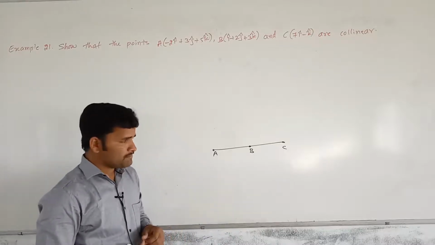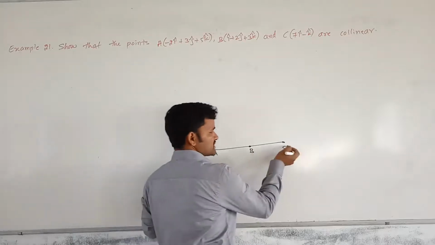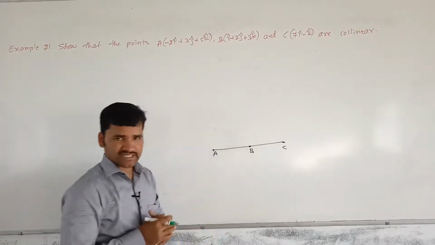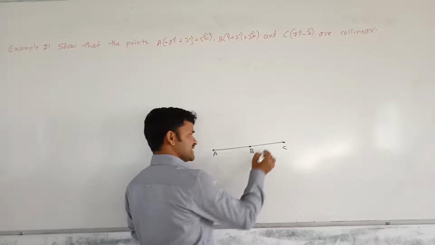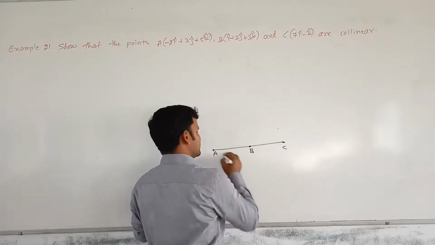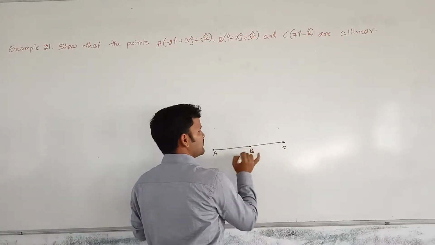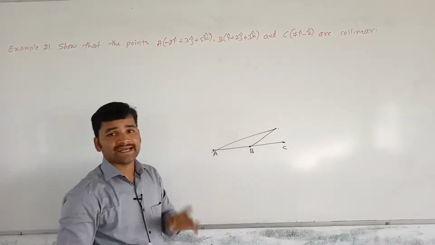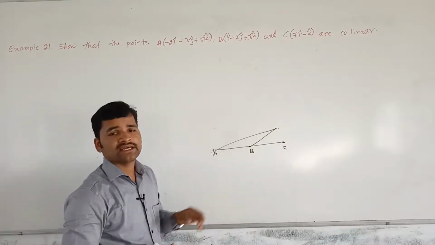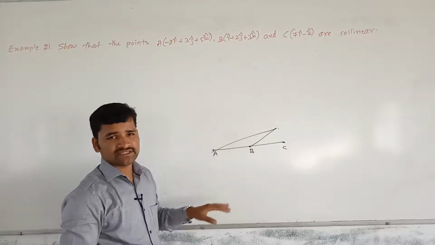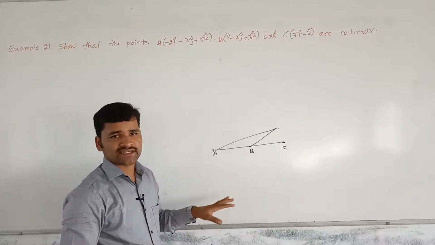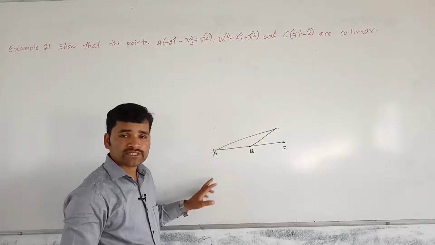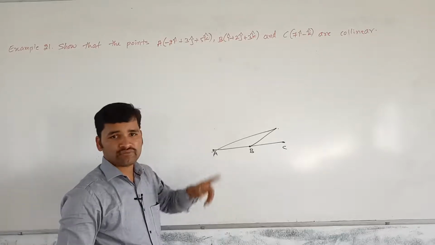Okay, what to do? Suppose these 3 are not lying on a single straight line. Let us take C somewhere here. If we join all 3, AB, BC and CA, they will form a triangle. If a triangle is formed, meaning the points are not on a single straight line, then they have to satisfy the triangle inequality.